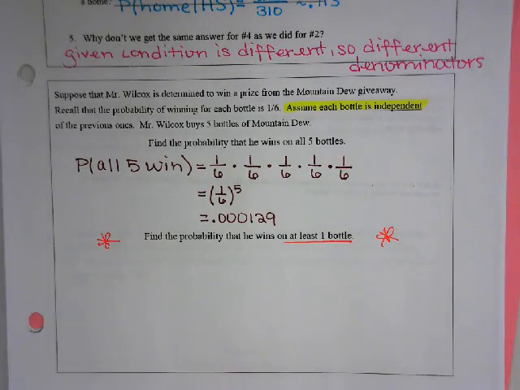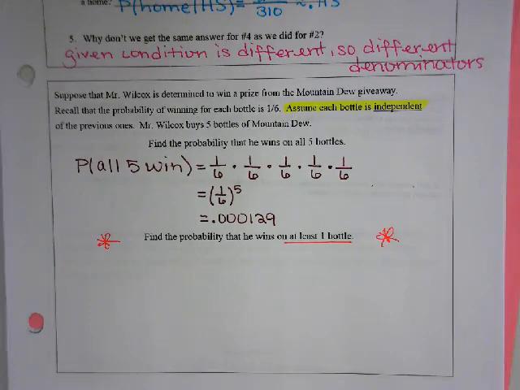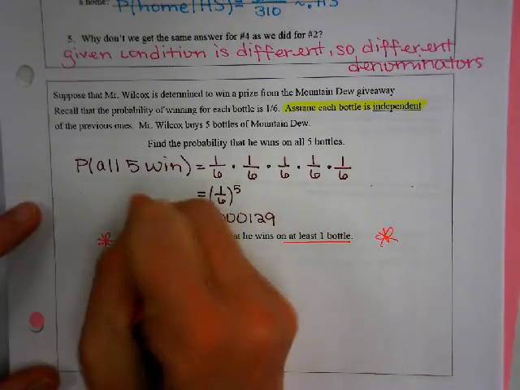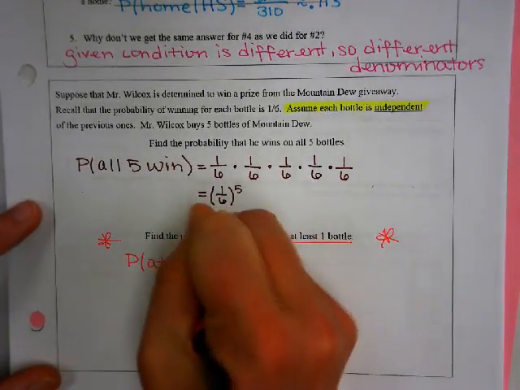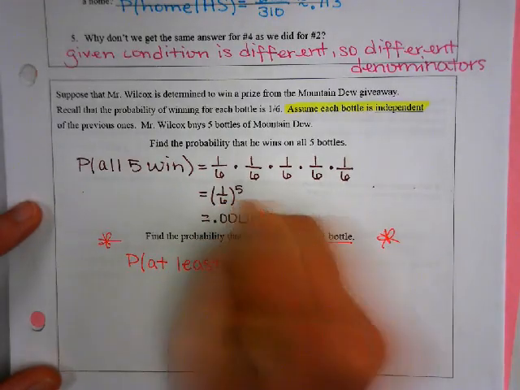So what's the opposite of at least one win? None. And we're going to use that idea to help us figure out the probability of at least one.